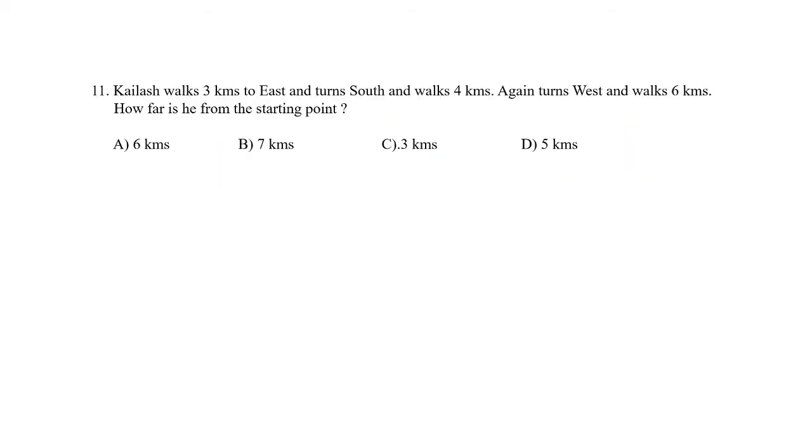Option A. Now see the 11th question. Kailash walks 3 kilometers to east and turns south and walks 4 kilometers. Suppose this is a starting point. He walks 3 kilometers to east and turns south. This is the south direction.